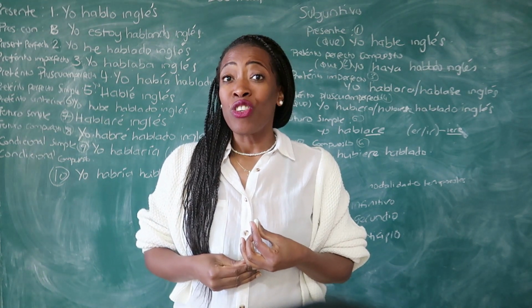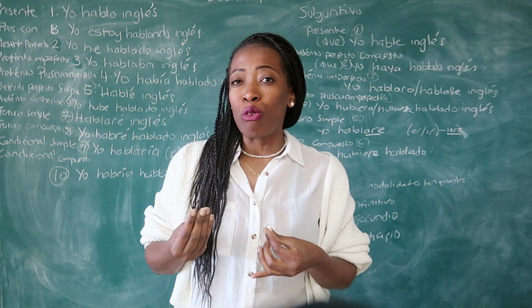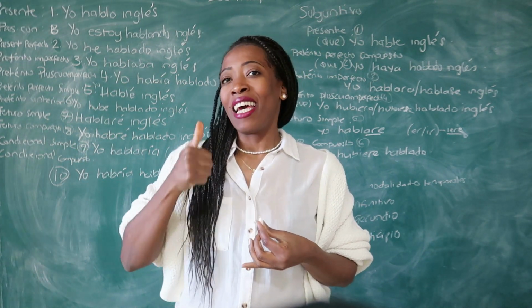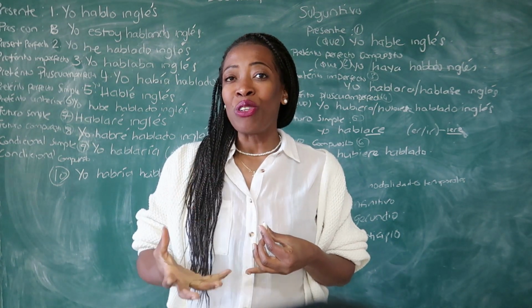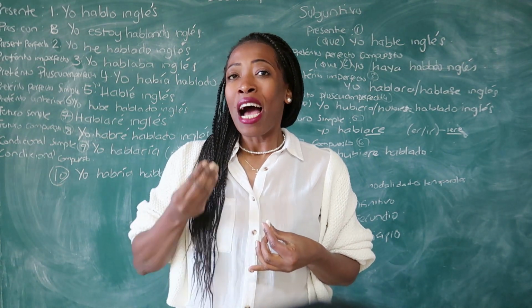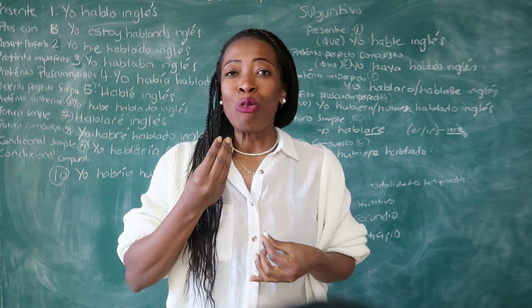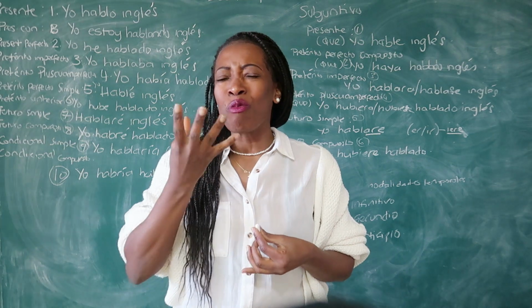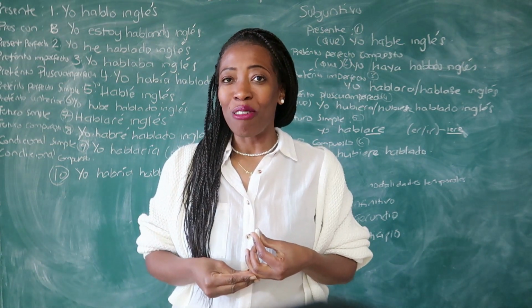Now, in Spanish, you have different modos, okay, different moods. The first one is el indicativo, which is the indicative. You would use the indicative to talk about things that are real, facts, or routines. Everyday life, we would use the indicative to express ourselves.